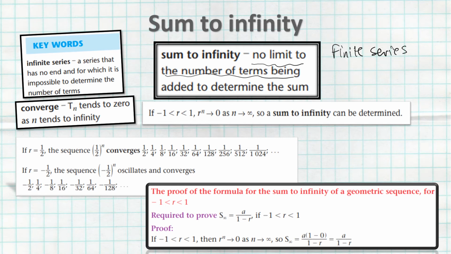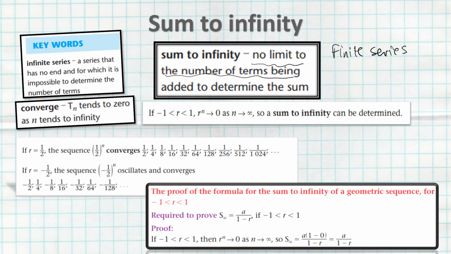So we don't have the last term, which makes it impossible to determine the number of terms. You are just adding things, they are going on infinitely. That's why it's called infinite, from the word infinity. No end, right?